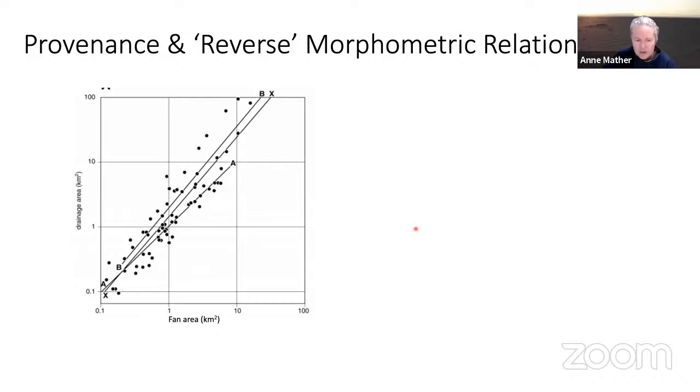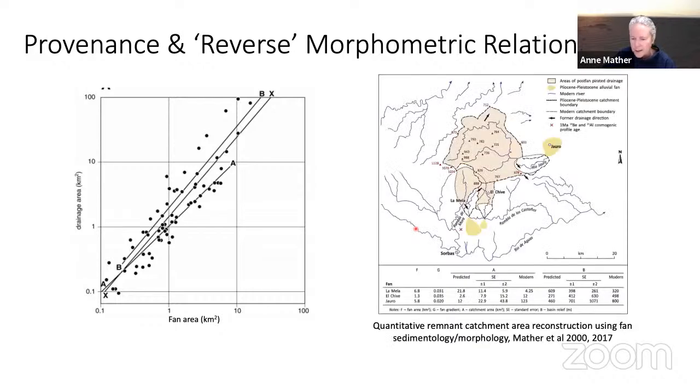Can we use the remnant fan characteristics, most commonly things like the area of the fan that we can estimate from the rock record, and use the relationships from fans in the same environment, the same climate zone, the same tectonic setting and the same region to predict the catchment characteristics from the fan characteristics?